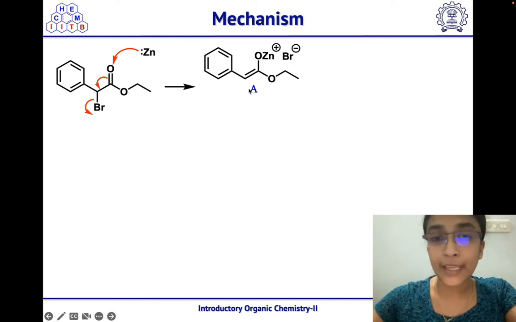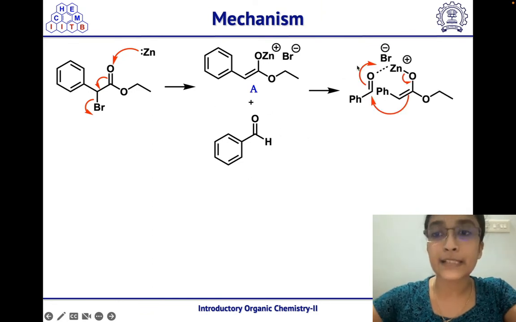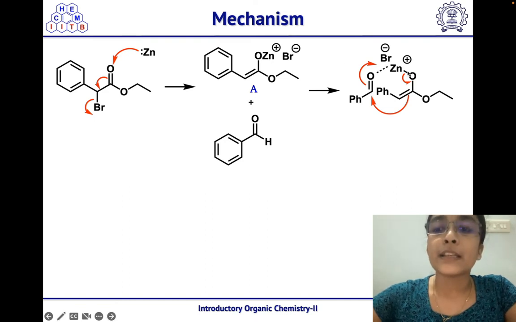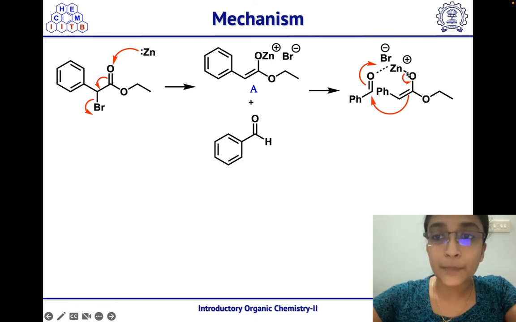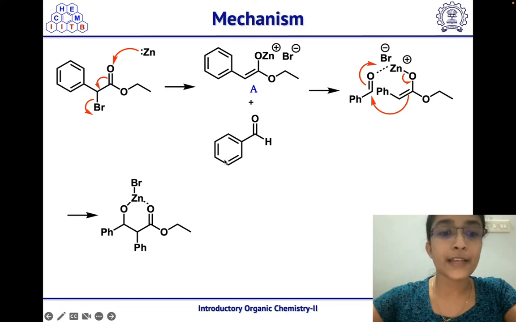Then compound A can react with this benzaldehyde like this. It will form a six-membered transition state like this. Then this oxygen-zinc bond will break, forming a double bond here. Then this carbon-carbon double bond will attack this electrophilic benzaldehyde, and it will abstract the zinc, resulting in formation of this kind of intermediate.